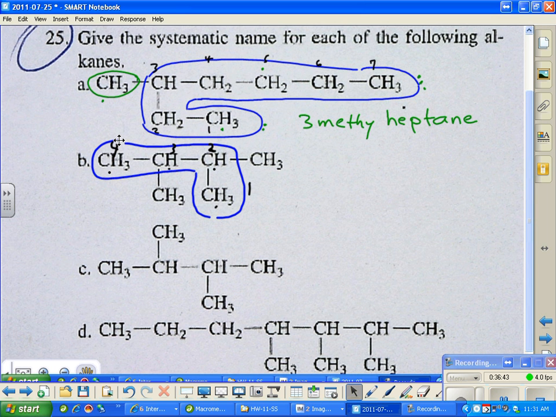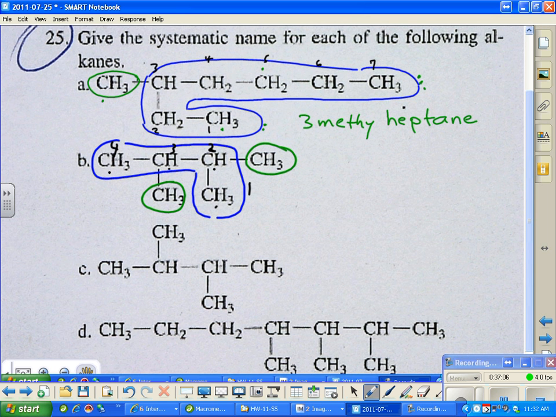What are these 2 groups right here? What are those 2 groups? Green groups? Uh-huh. What are they? Methyl. Okay. So, where are your methyls? On which 2 carbons?